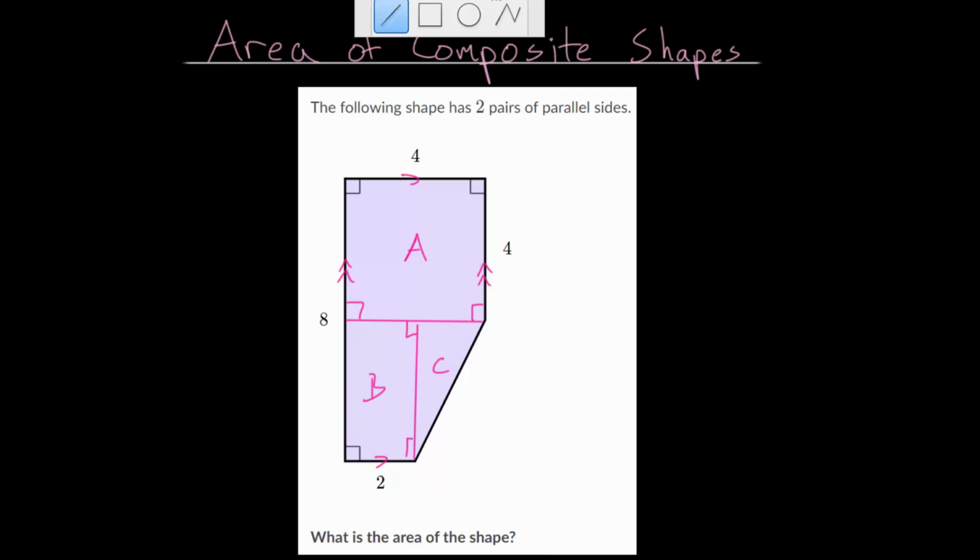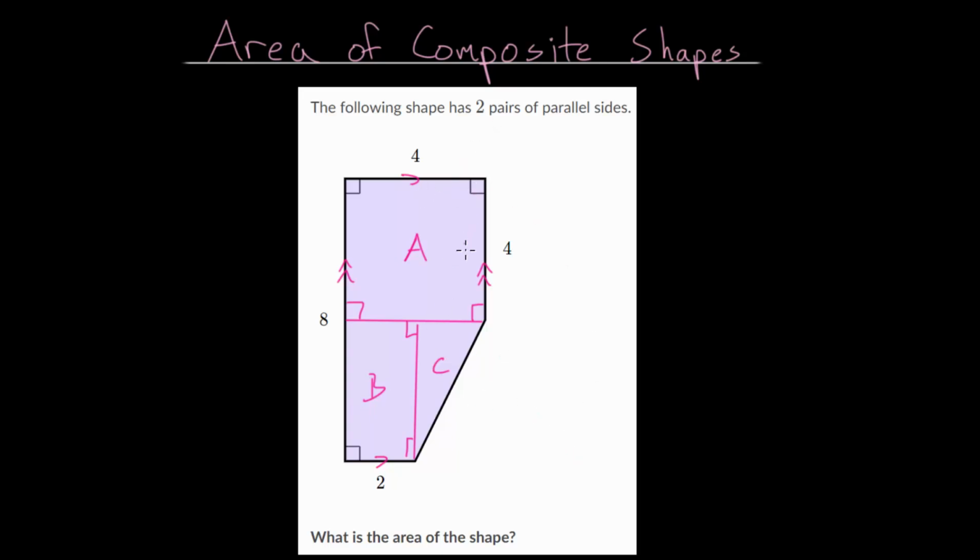Or we can notice that this entire shape is really just a rectangle with some bottom triangle taken out of it. So we can find the area of this rectangle and then just subtract the area of this missing triangle. So either strategy works, and we can use both of them in this video to check to make sure that we're on the right path.